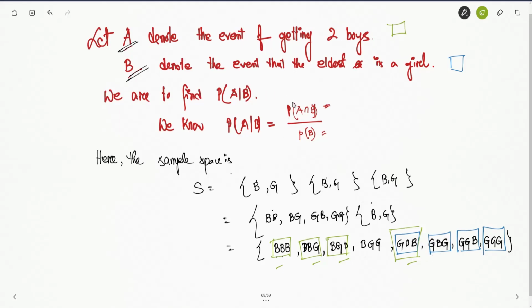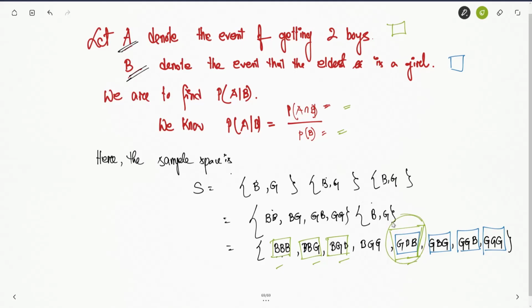So now we will calculate probability of B and probability of A intersection B, right? Now what is A intersection B? A intersection B is the simultaneous occurrence of both getting 2 boys and the eldest is a girl. So see the box which has both green and blue, this box over here.